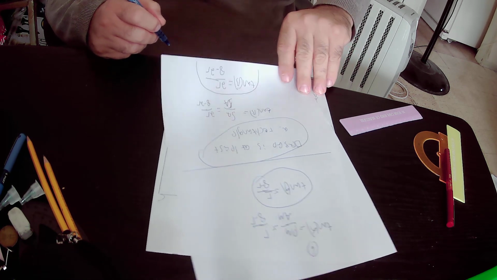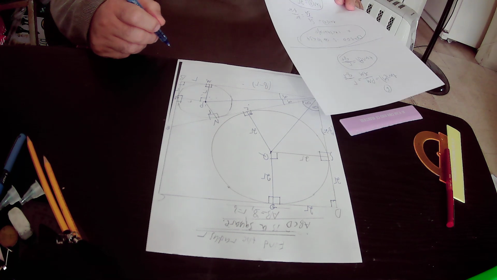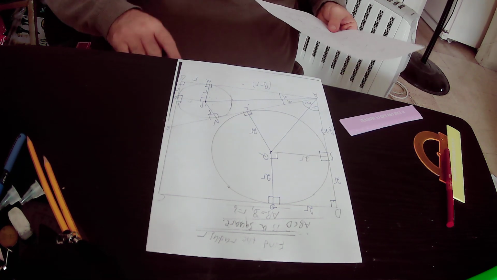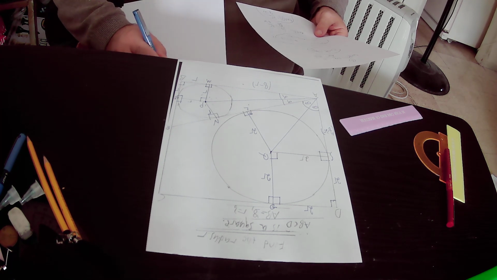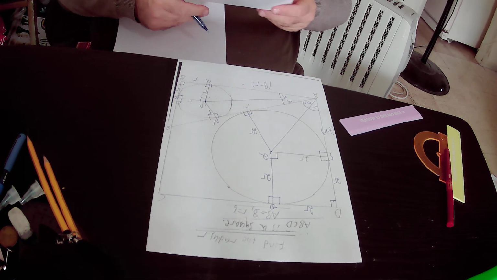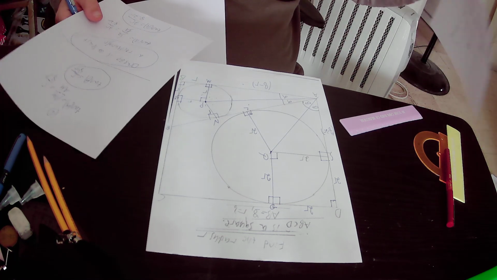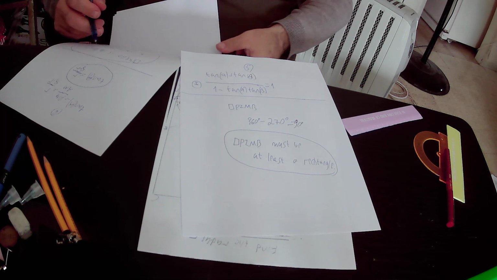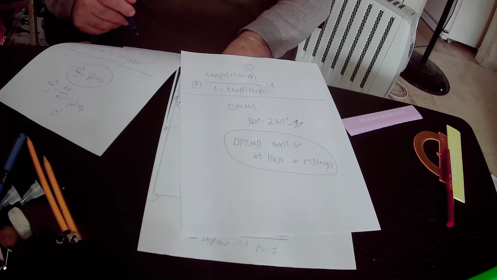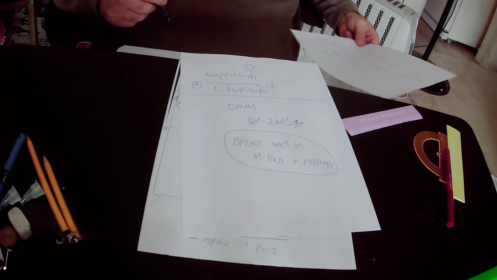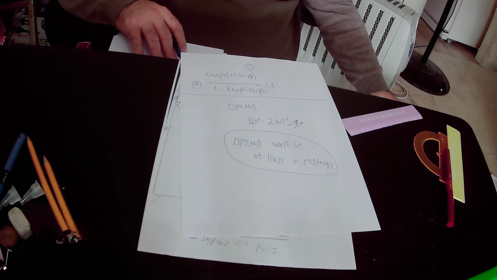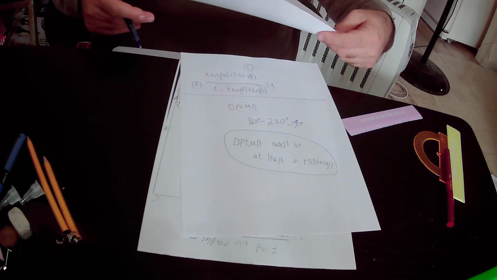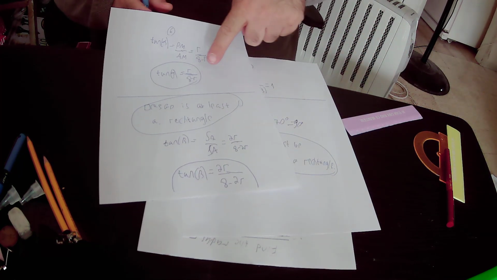Okay, so after we found the values of tangent alpha and tangent beta, we can substitute them in equation number 1 by the values that we found. We'll do it now.